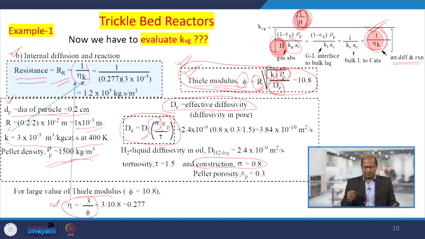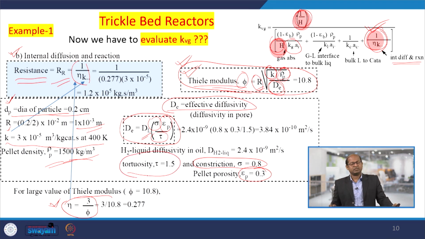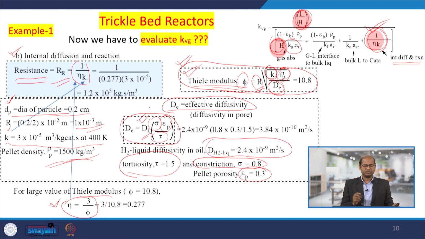Ep is the porosity of the catalyst particle, that is 0.3 is given. Tau is the tortuosity factor, that equals 1.5, that is given, and DL is the diffusivity of hydrogen in liquid, that is given.